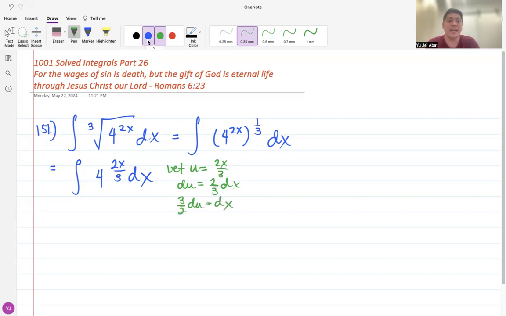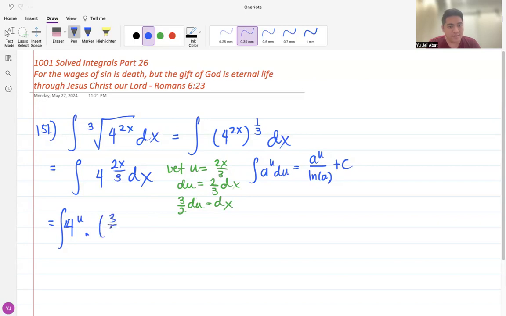I have to isolate dx so that I can use the u substitution for the formula of the integral of a raised to u du, which is a raised to u over ln of a plus c. That was our formula. So we have the integral of 4 raised to u, and dx equals 3 halves du.